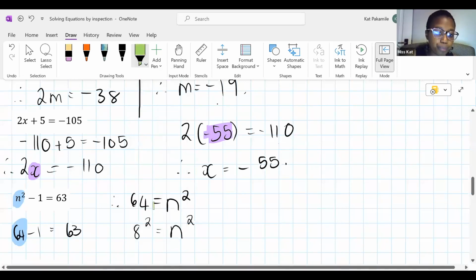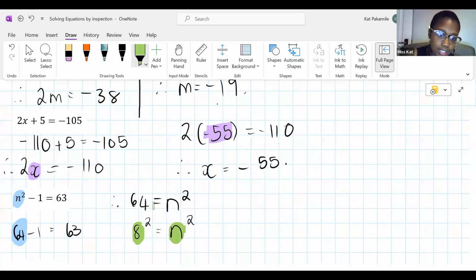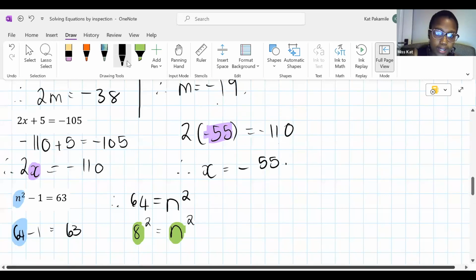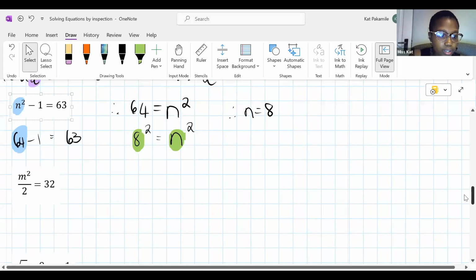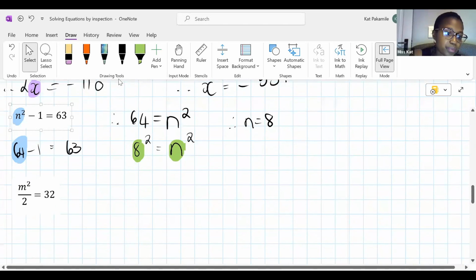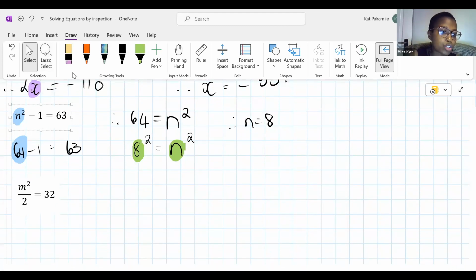Beautiful. So now we can say, as Indipile told us nicely, n is equal to 8. Therefore, n has to be equal to 8. Okay. There's another one. What divided by 2 is equal to 32?